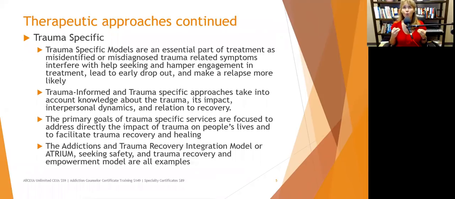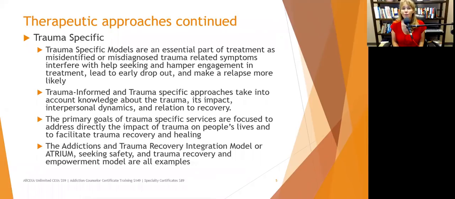So it's really important to use a trauma-informed approach when working with people who are in recovery from anything, because the statistics indicate that the majority of people have experienced some traumas in their life. Trauma-specific models are an essential part of treatment because misidentified or misdiagnosed trauma symptoms interfere with help seeking and hamper engagement in treatment, leading to early dropout and make relapse more likely.